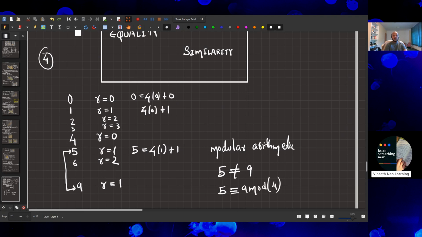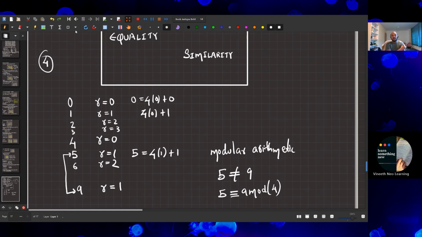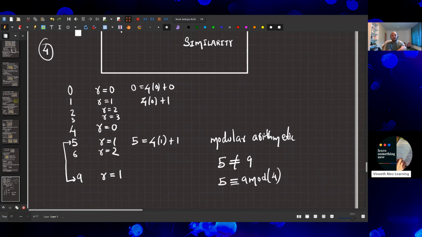This says that when we divide both 5 and 9 by 4, the remainder is the same. So it's a different kind of algebra, and it is a very important algebra. This is actually a group, a finite cyclic group. A very important group.